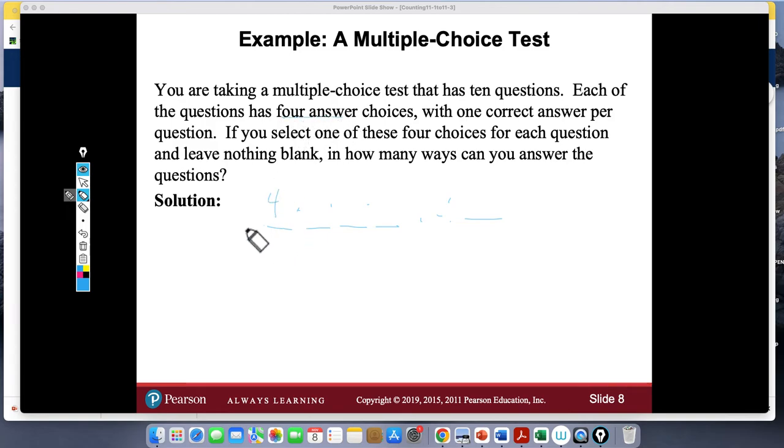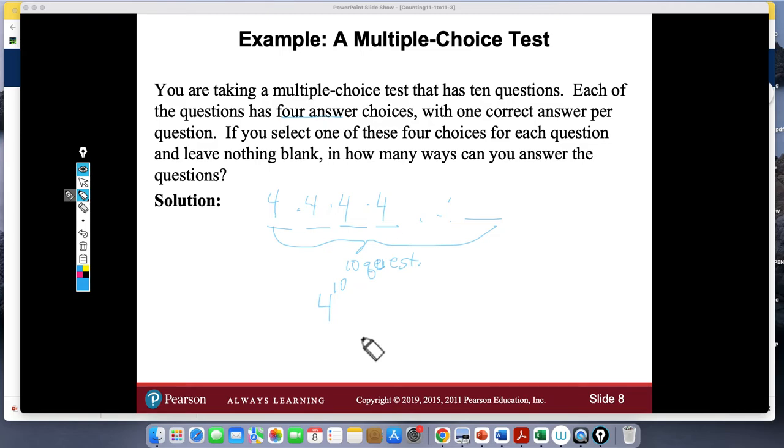And again, if I'm looking at how many different ways could I answer this, 4 times 4, each one has 4 choices. And so since I've got 10 choices, or 10 questions, right? What we're going to see is this type of a choice, I can write it as, since I've got the same 4 for each of them, 4 to the 10th power. Okay, so we start to involve exponents.